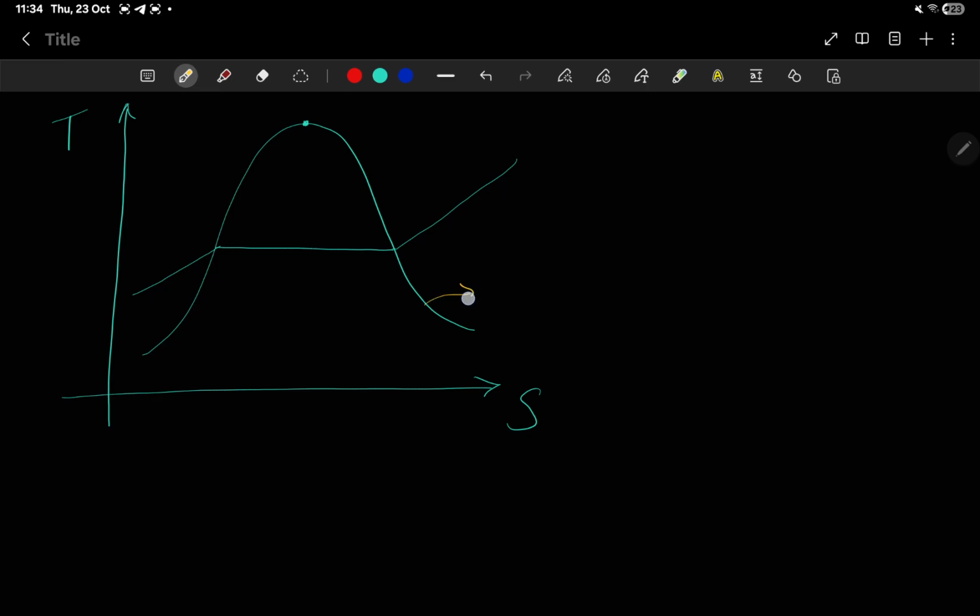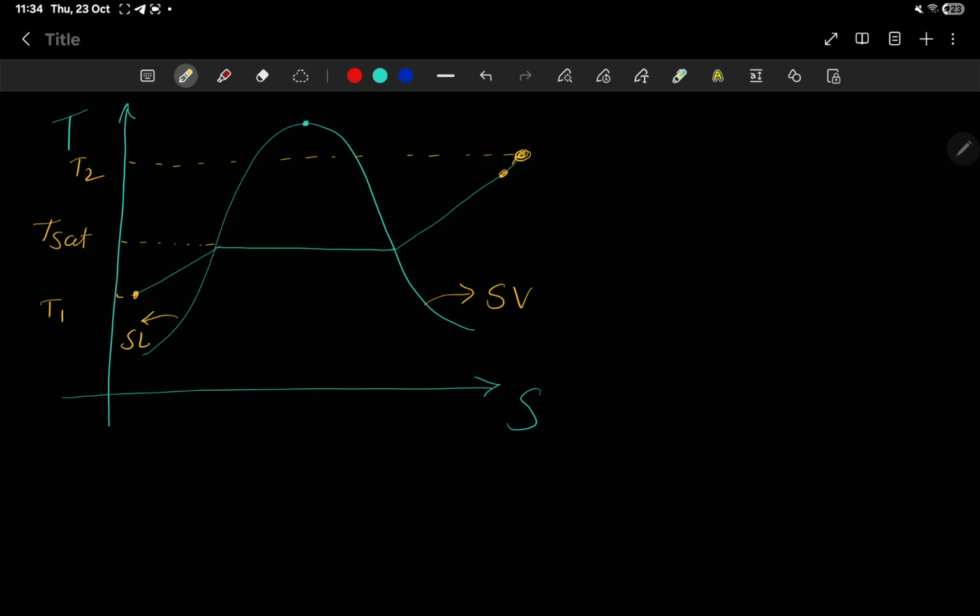This line is saturated vapor. This line is saturated liquid. Now let's take this temperature as T1. This we call T saturation, right? And let's take this temperature as T2.